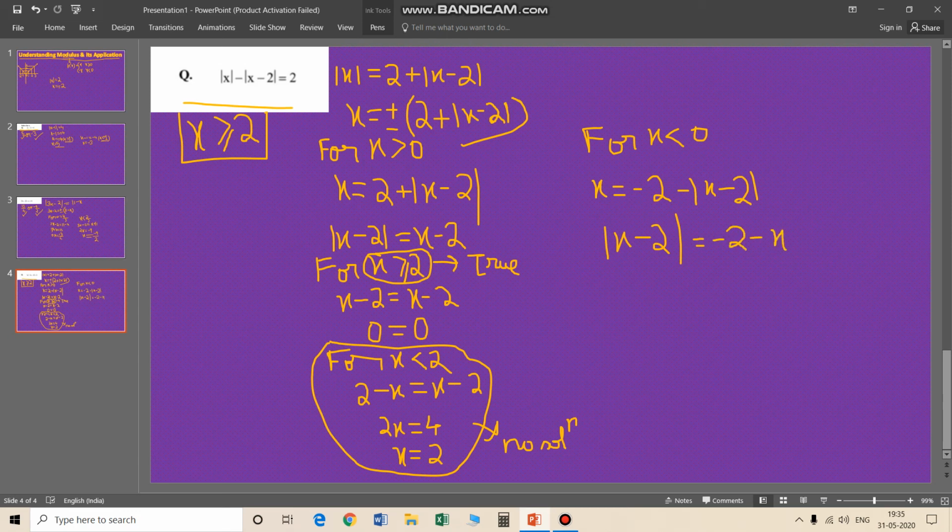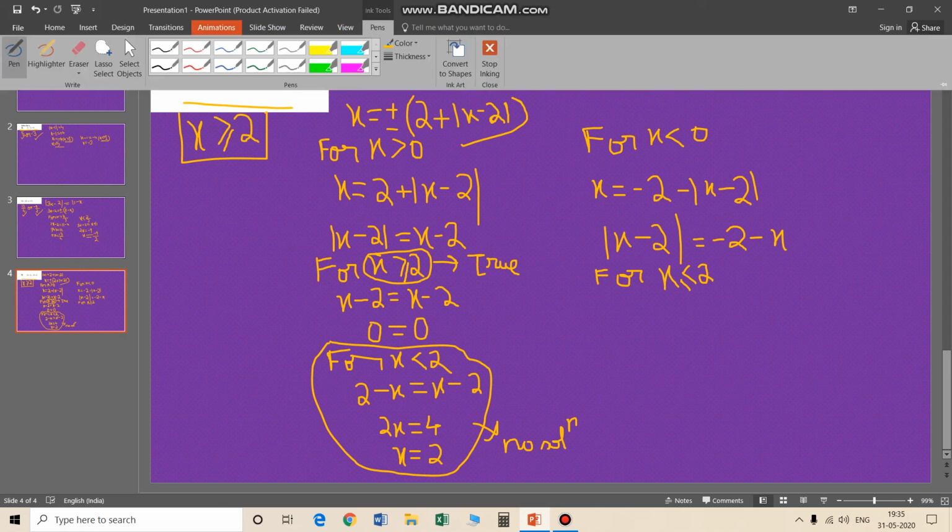Again for x greater than equals to 2, another sub condition. No, we can't take x greater than equals to 2 here. No need of taking, because we have already taken x less than 0. So for x greater than 2, no need. I am writing direct for x less than 2.